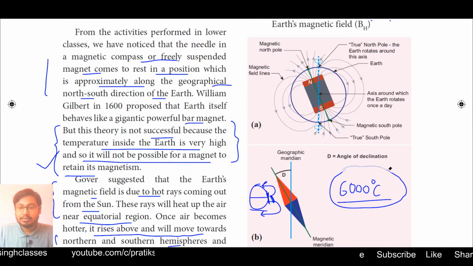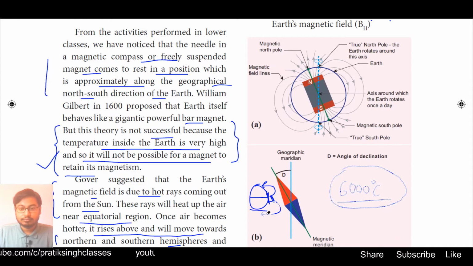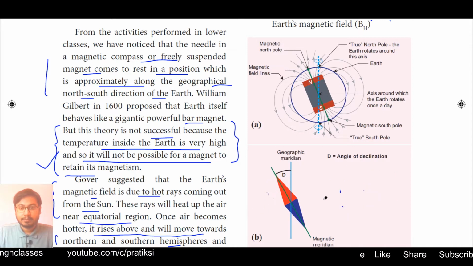If this on your screen is the Earth behaving like a bar magnet, then you can see this is the magnetic north and this is the magnetic south pole.